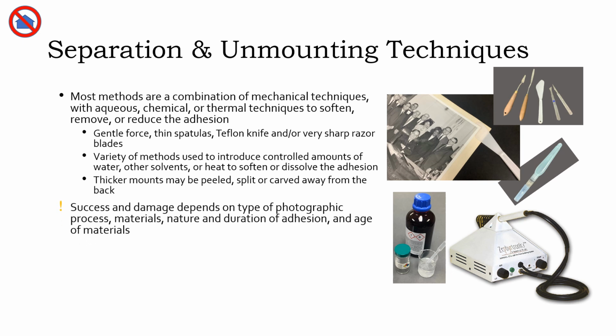That's because the success and potential for unmitigated damage depend on a lot of different factors, including the type of photographic process, the materials used, the cause and duration of the adhesion, and the age of the materials. Each treatment project will be at least a little bit unique, so what worked well in one set of circumstances may cause significant damage in another.